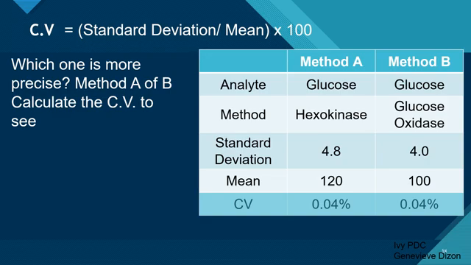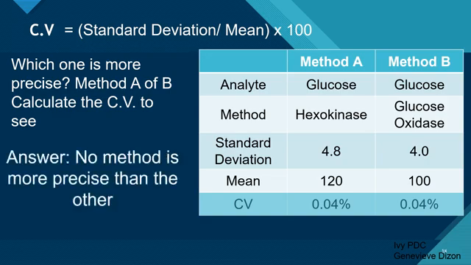So which method is more precise now? With the coefficient of variation being the same, it means that there is no method more precise than the other, because they have the same performance in terms of precision. So that is how we use the coefficient of variation.